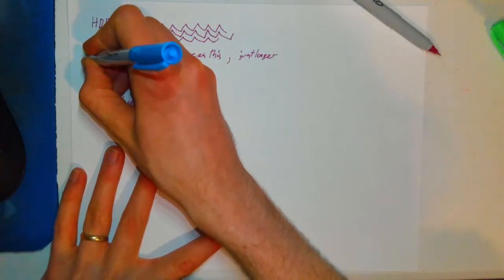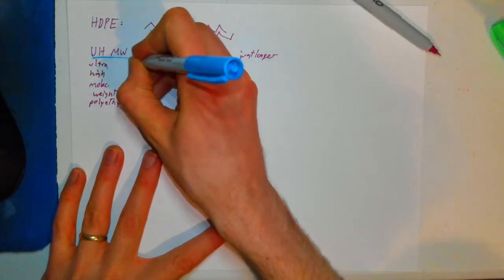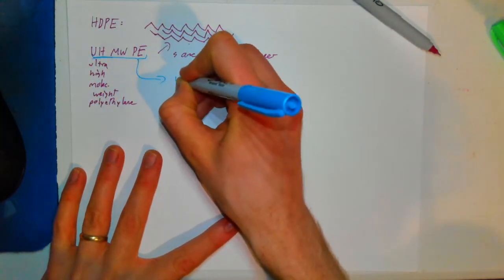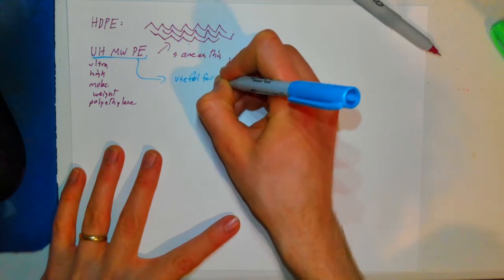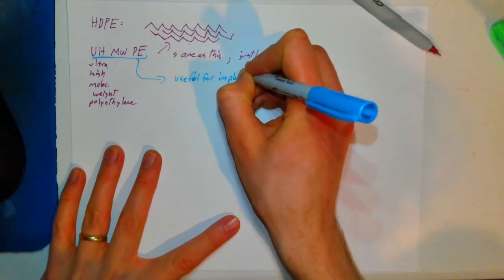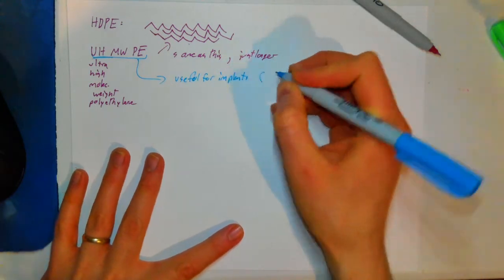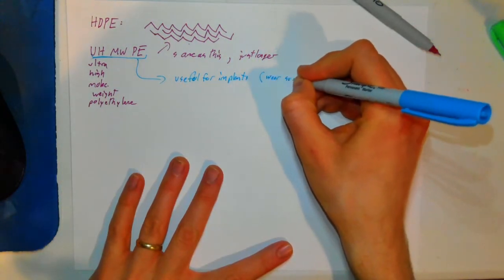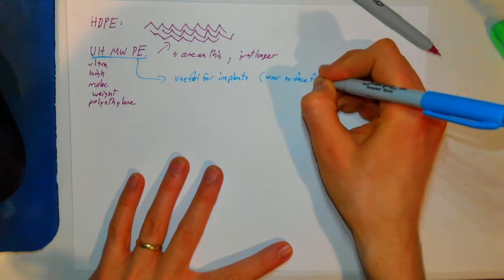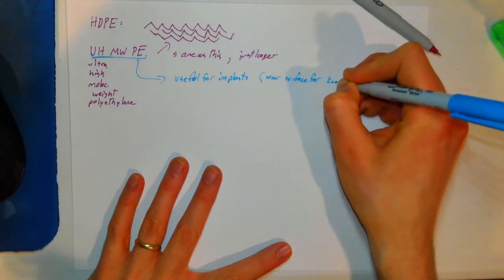So ultra-high molecular weight polyethylene has its uses in implantations, so useful for implants. And in particular, one type of implant is the wear surface for knee implants.